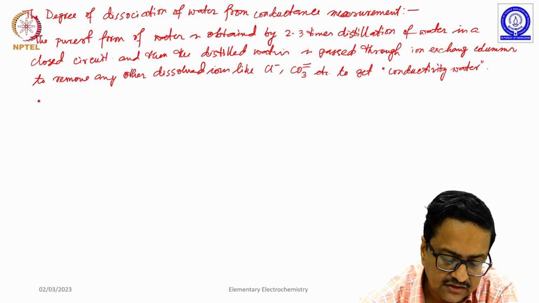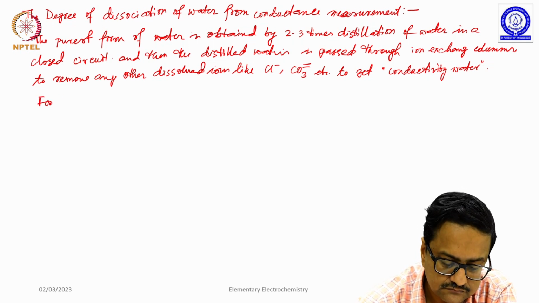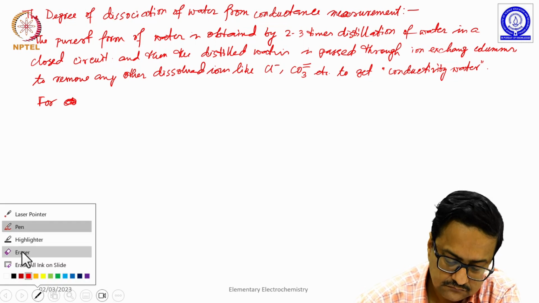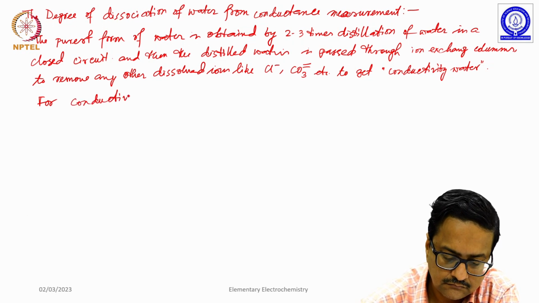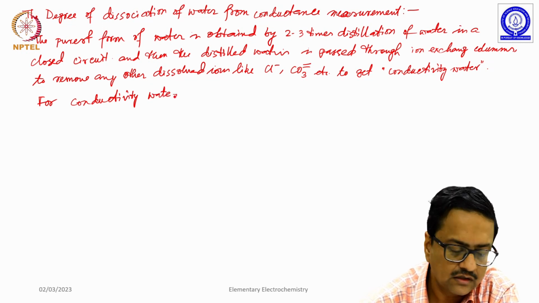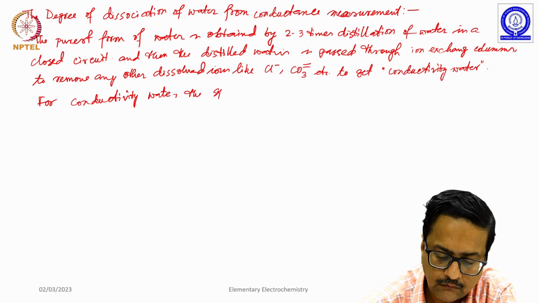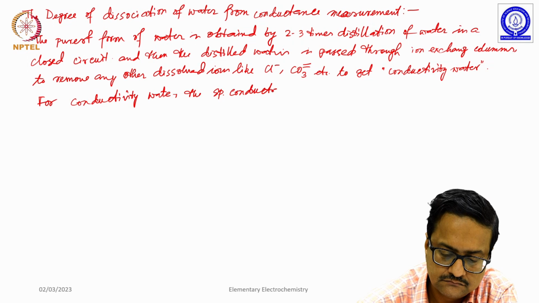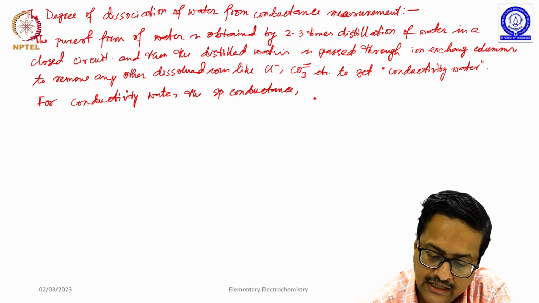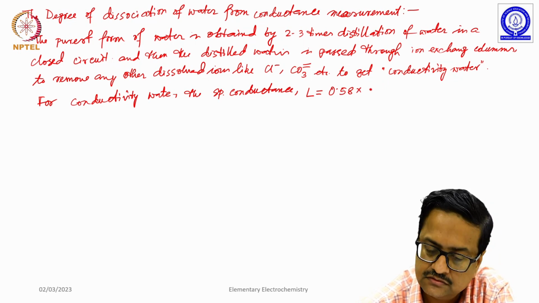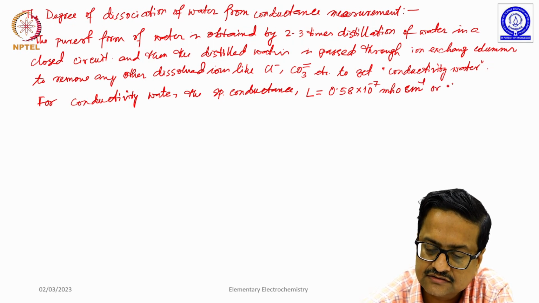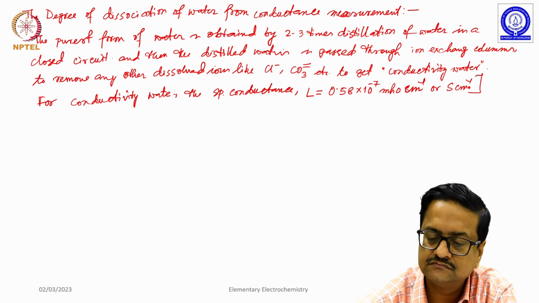So, for this conductivity water, the specific conductance, that is L, is determined to be 0.58 into 10 to the power minus 7 mho centimeter inverse, or that is Siemens centimeter inverse.